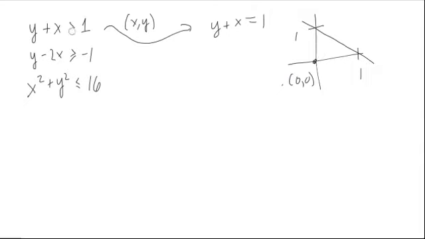Now, keep in mind, this is a greater than, not or equal to, so we're not going to include what's on this line. To do that, we just make the line dotted. And this inequality itself is just everything shaded over here. We do the same thing for each one of these inequalities and then just see where the intersection is of the results.